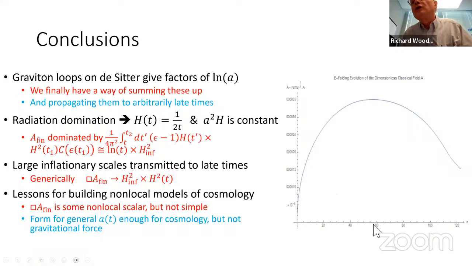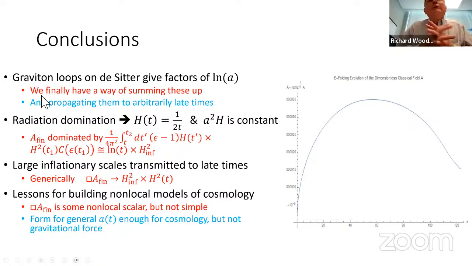So inflation ends between 50 and 60 e-foldings. During inflation, it grows and grows and grows, and then it falls off somewhat after the end of inflation, but it's still quite significant today. And if I had made it, I could have had it live an arbitrarily long period of time, and then it would have gotten quite big.